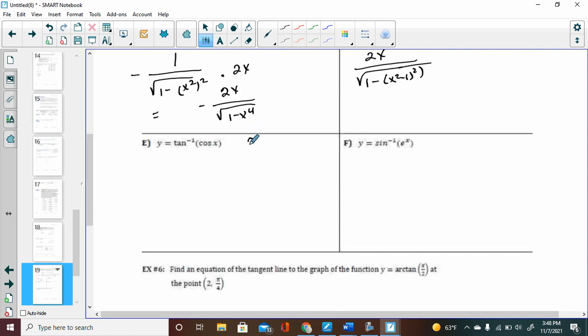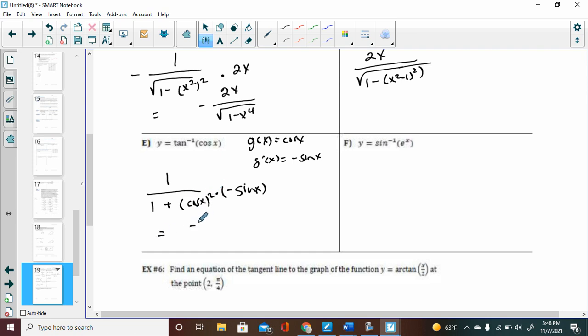Now a couple numbers last here. g of x is cosine of x. G prime of x is negative sine x. So I'm going to write this out to the side, times, put a little parentheses there so I don't mistake it for subtraction, 1 over 1 plus cosine x squared.